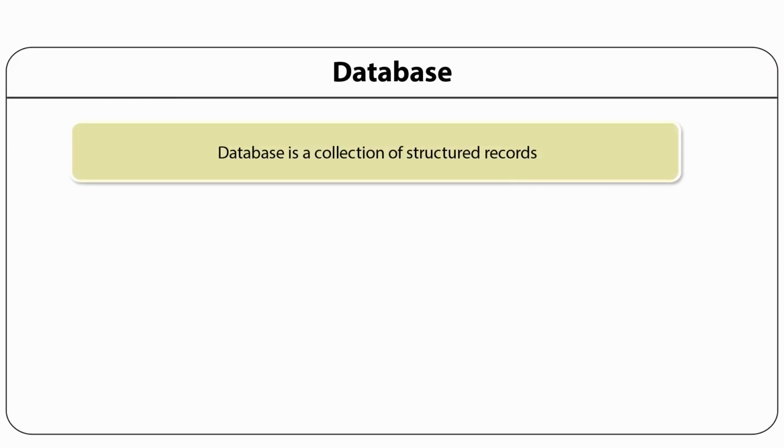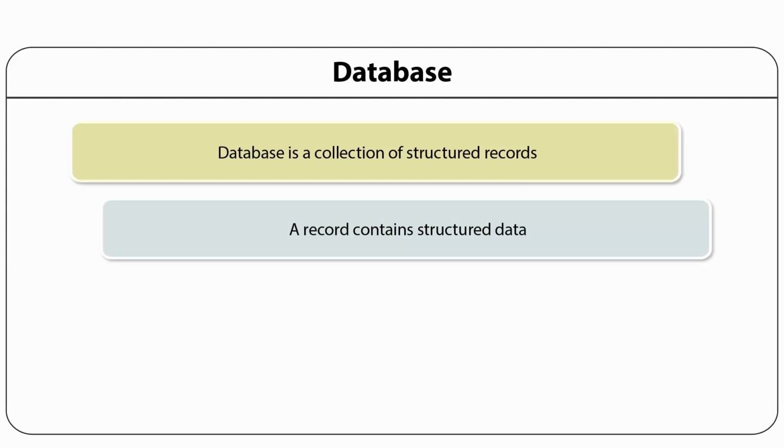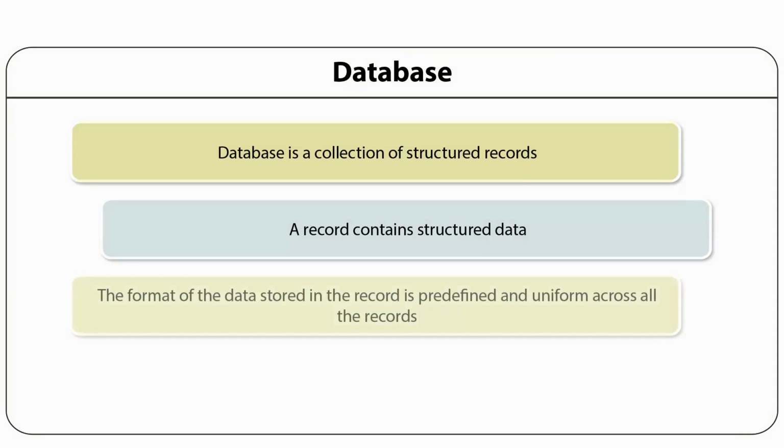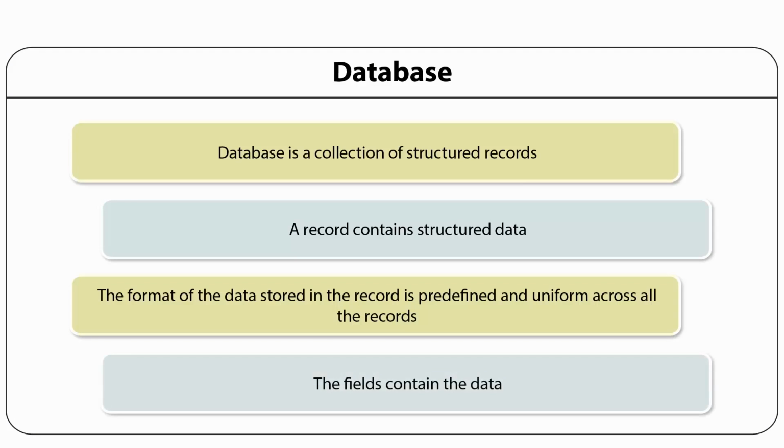A database is a collection of structured records, and each record represents structured data. The format of data stored in the record is predefined and uniform across all the records. That means the fields represented in the records are uniform across the whole database, that is, all the records in the database.